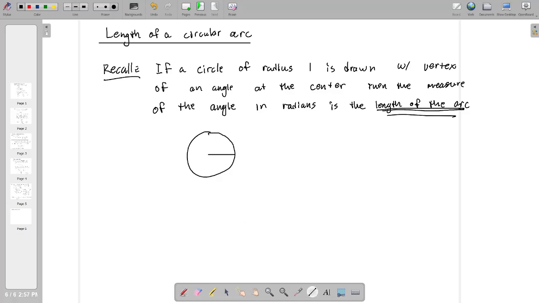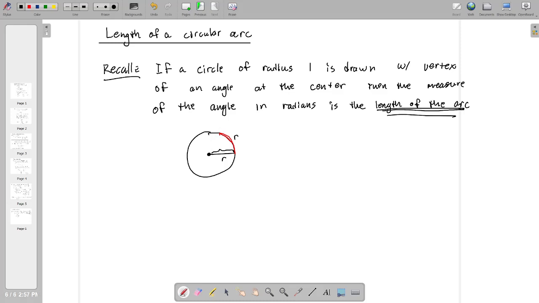we have any radius here, r, then 1 radian around the circle would mean that we take this radius and we press it against the circle to go the distance that that radius is around the circle. Okay. So this distance would be r. This is still 1 radian.